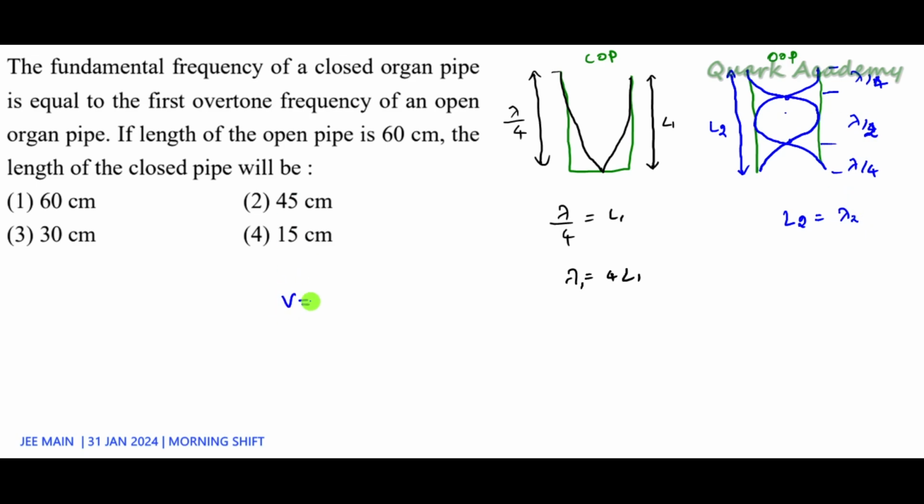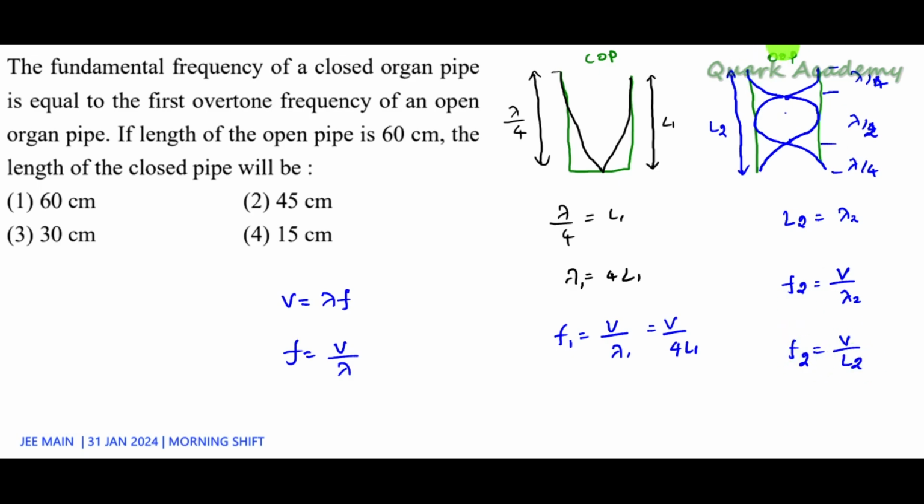Now we know velocity can be written as wavelength times frequency, so frequency equals velocity by wavelength. In this case, it is velocity by 4L1. Let's consider the frequency is F2 for the first overtone, and this is velocity by wavelength lambda 2, that is, L2.